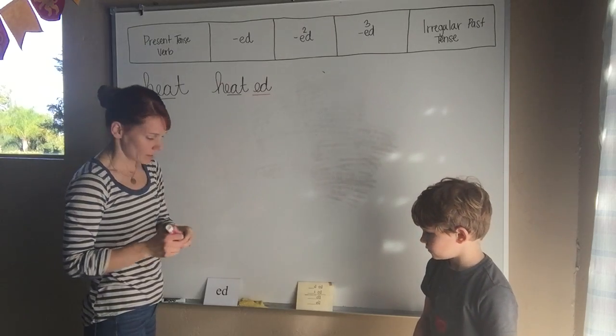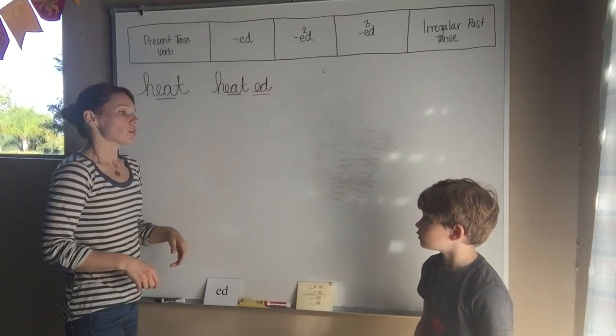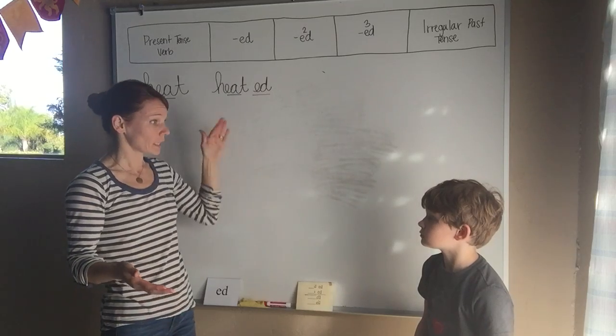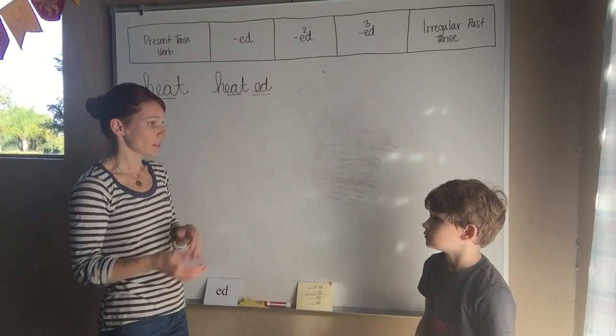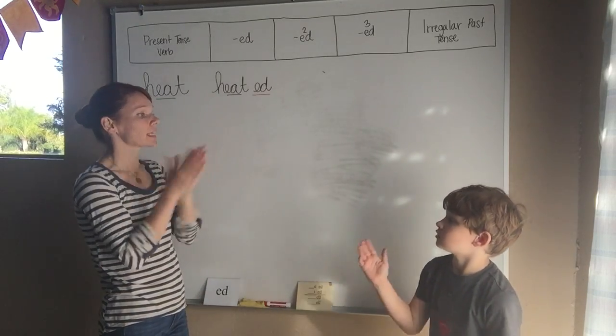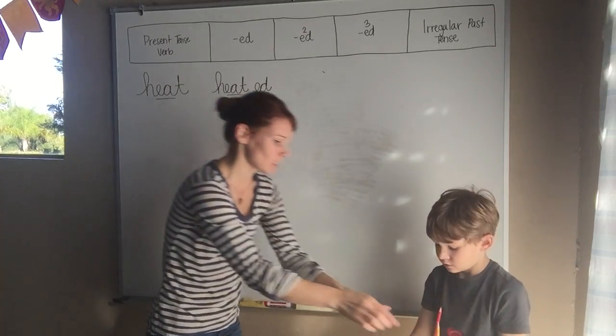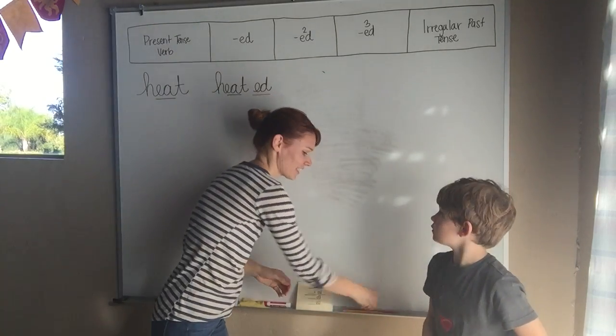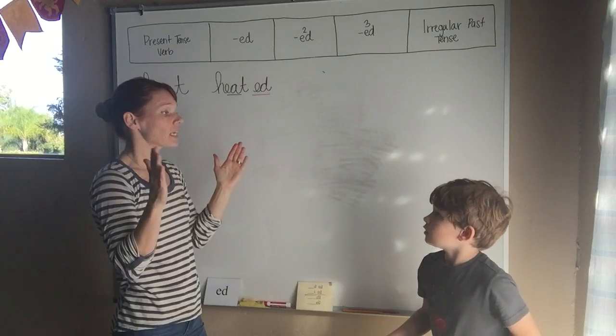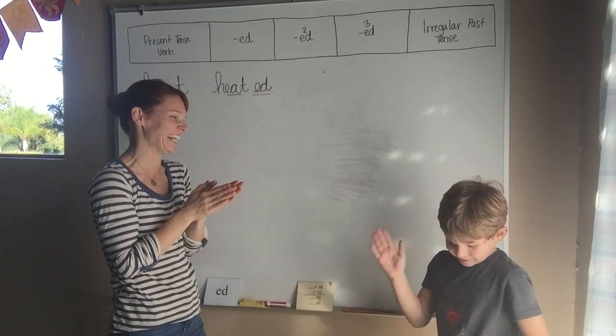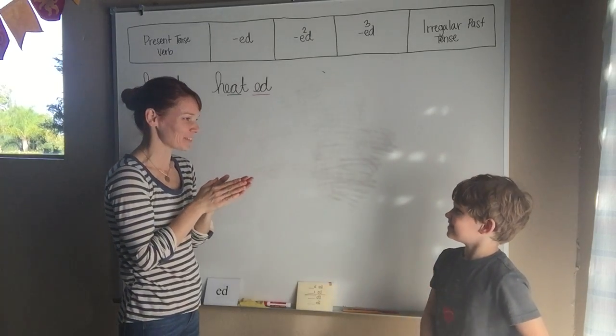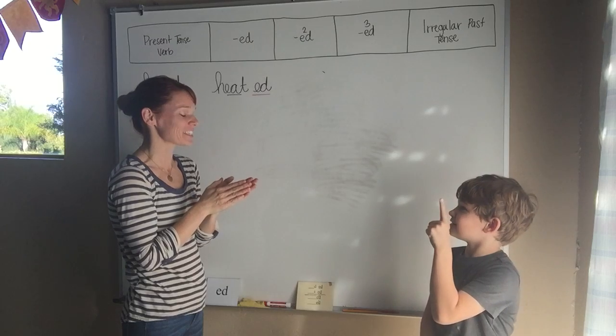Very good. All right. Our next word is land. So like an airplane will land at the end of the flight, right? Let's do our syllables. Hands up. Land. You want to put your pencils down? Yes. All right. So let's try again. Ready? Land. How many syllables? 1. So let's think.